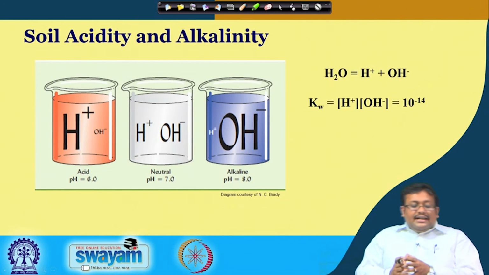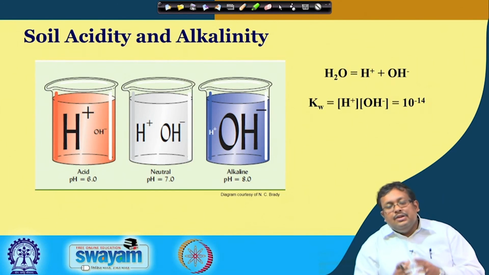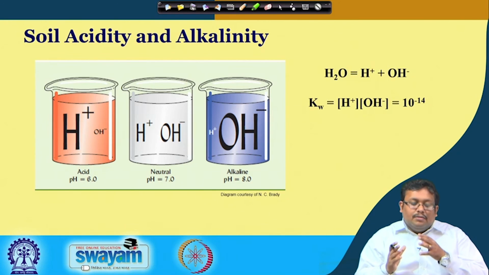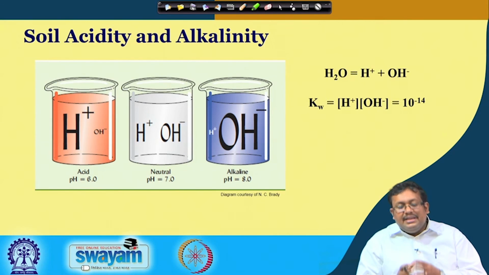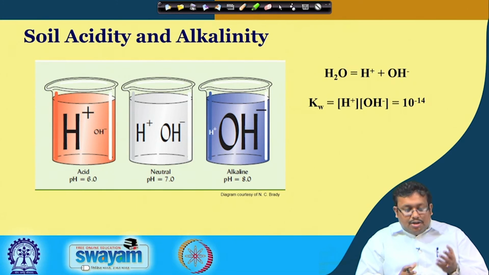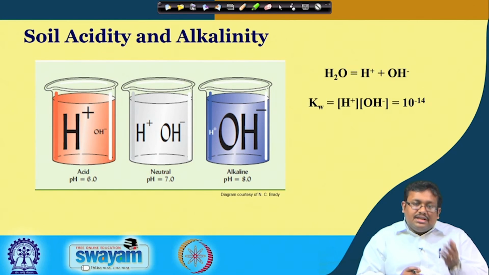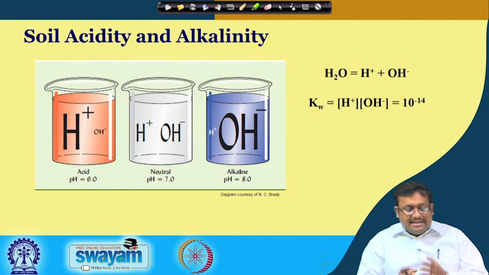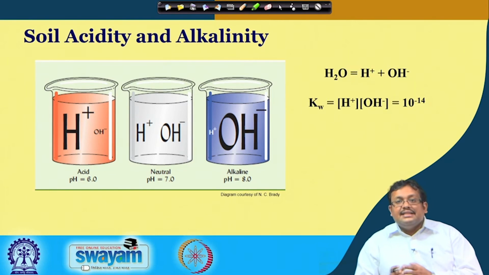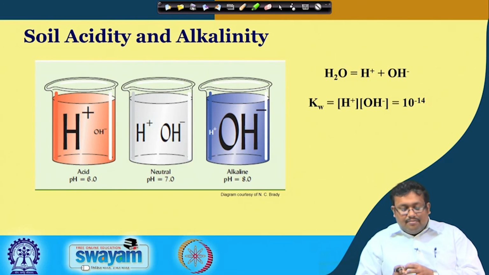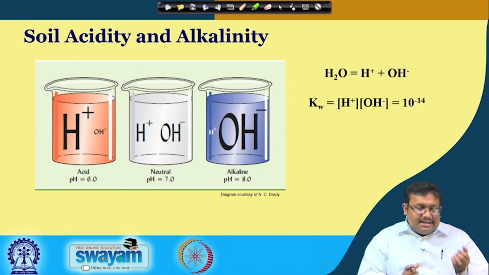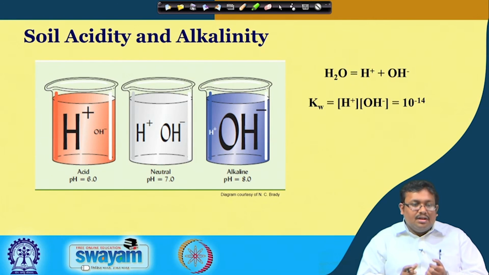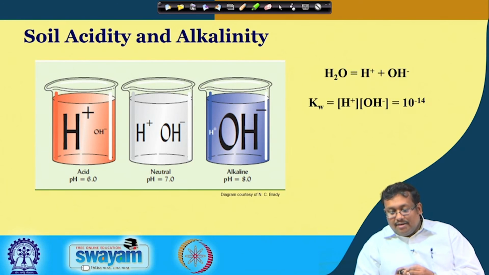Another important term is soil acidity and alkalinity. You know that it is measured through pH, and pH is basically the negative logarithm of hydrogen ion concentration. A soil having pH of 7 is neutral, whereas a soil having pH greater than 7 is termed alkaline, and when pH goes below 7, we call it acidic soil.